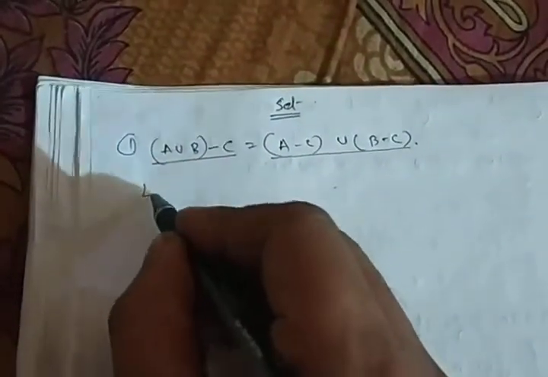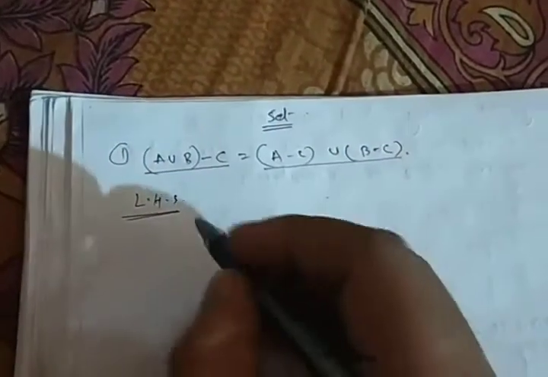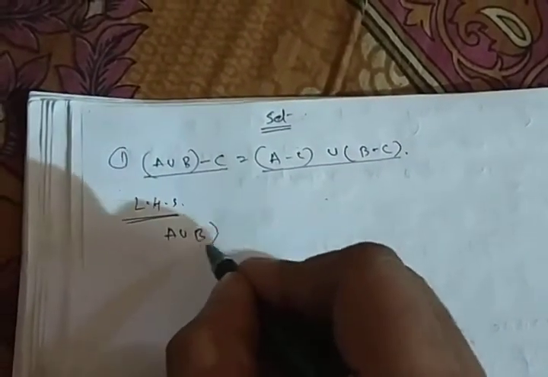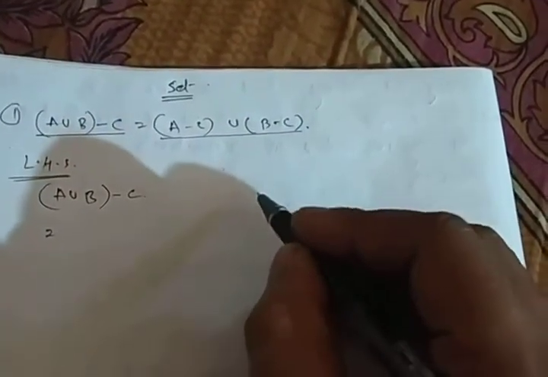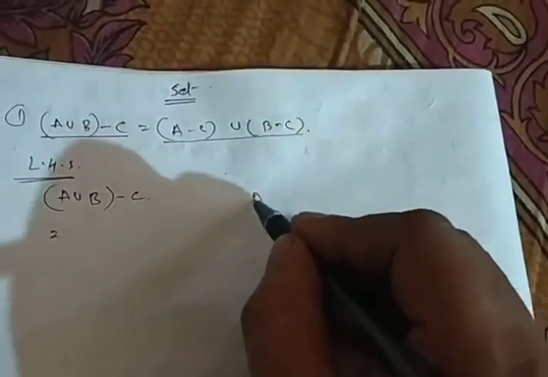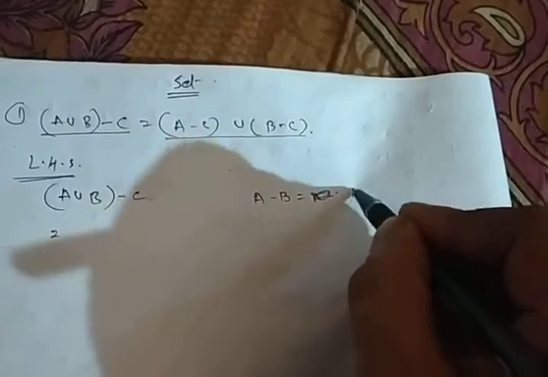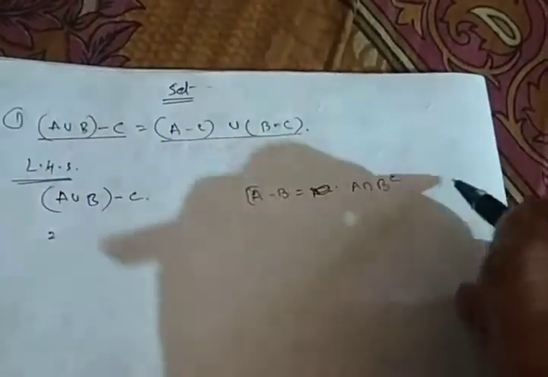So we will start from the left hand side, (A union B) minus C. Now by the complementary law we know that A minus B equals A intersection B complement.